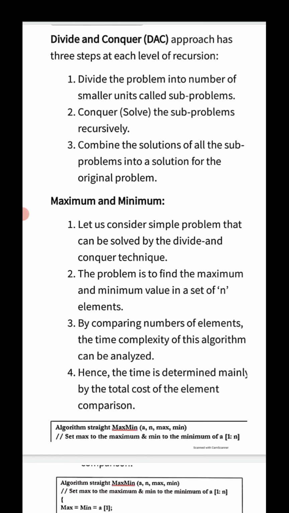First we divide the problem into a number of smaller units called sub problems, then we conquer those sub problems recursively, and then finally we combine the solutions of all the sub problems into a solution for the original problem.